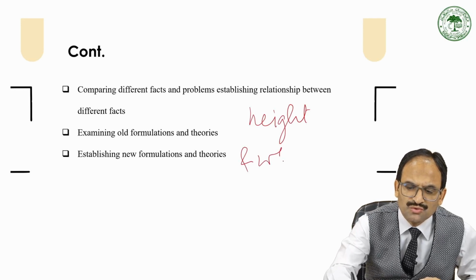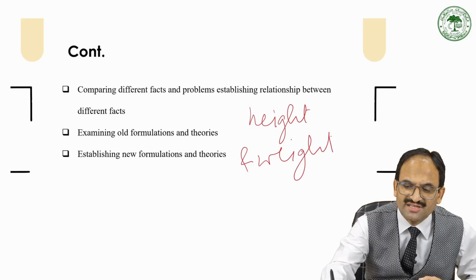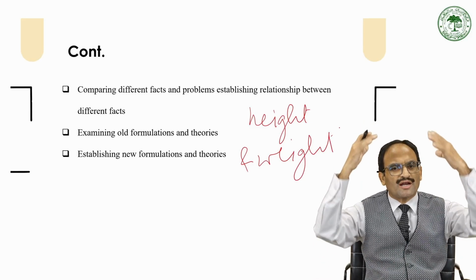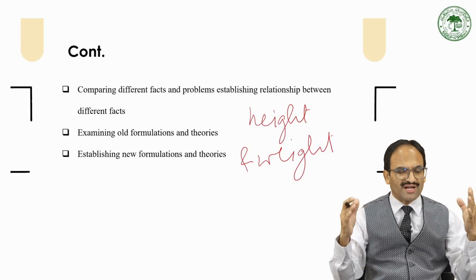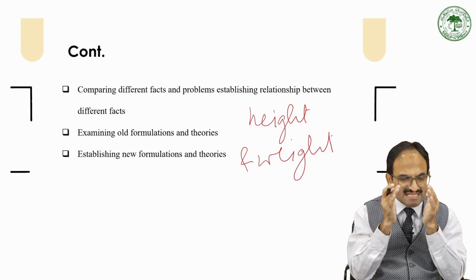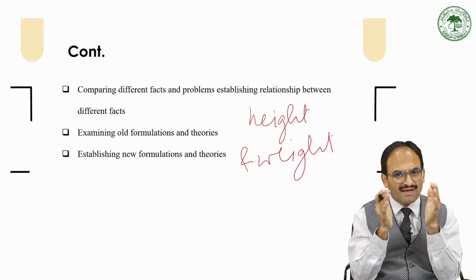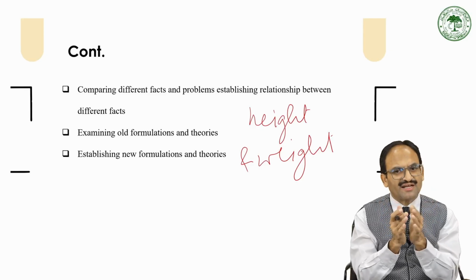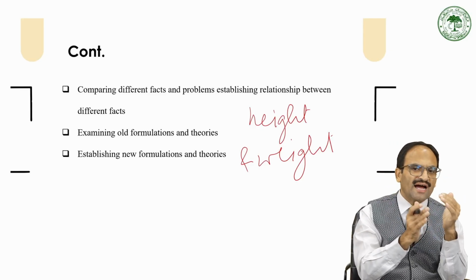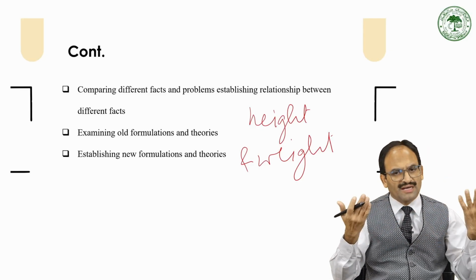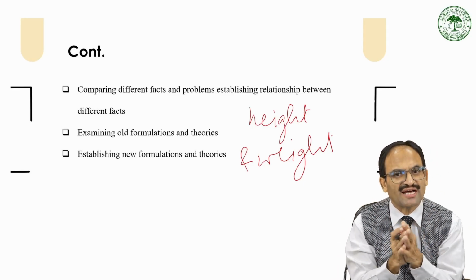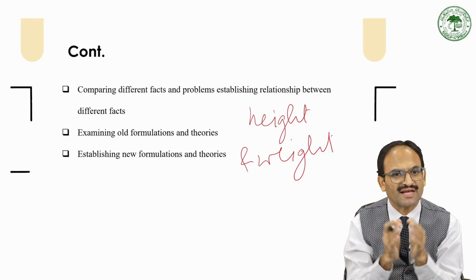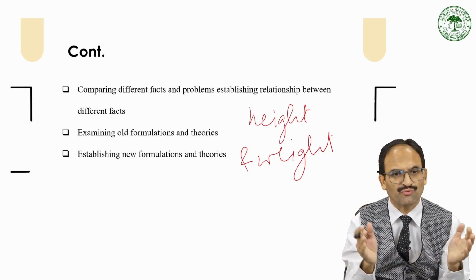These two are related to each other. If a person is taller, by and large it is expected that he or she will have more weight. If a person is slim or has less weight, it is expected that his or her height will be less. So, through statistics it is easy for us to establish a relationship between two facts.